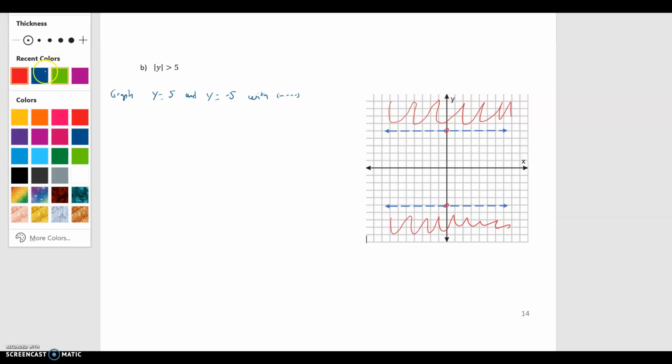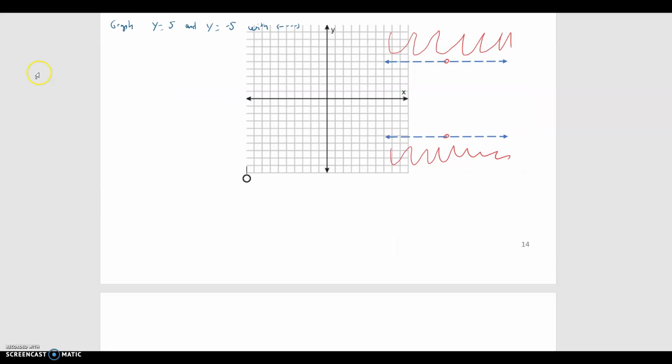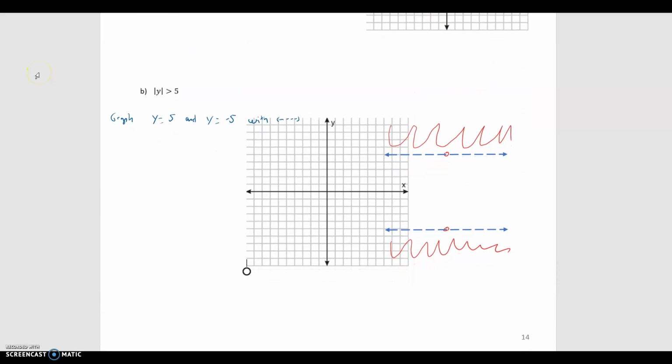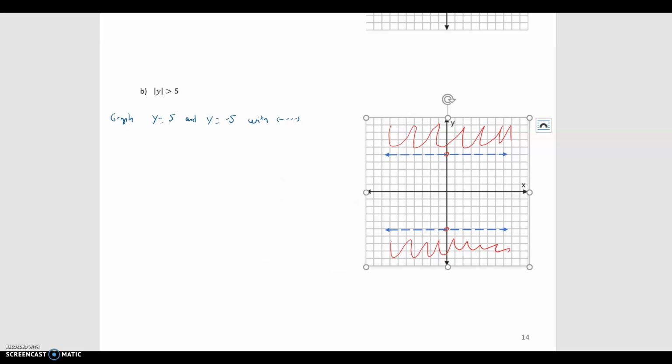Now, let me select the test point, and let me select again the origin. So as a test point, x and y is equal to 0, 0.